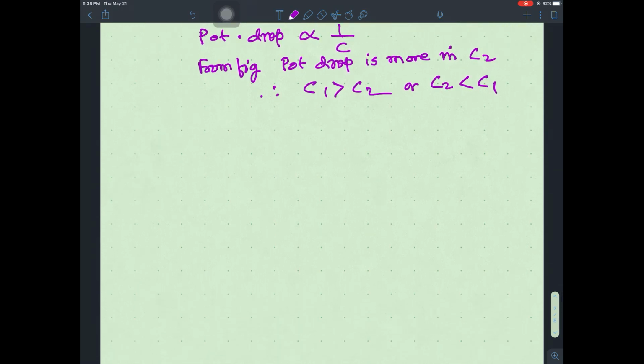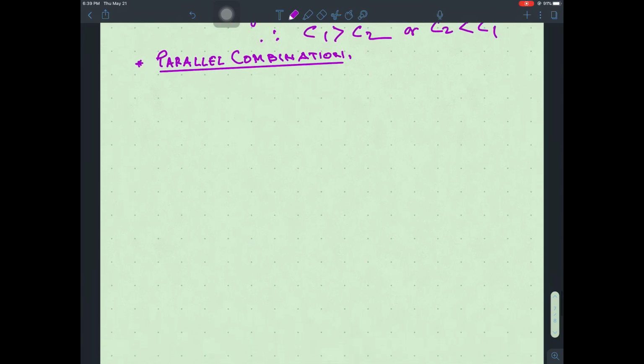Now we should try to understand the parallel combination. The next heading in our discussion is the parallel combination. In the parallel combination, what would we like to see? The same three capacitors I am taking are connected in some other fashion, as I will tell.